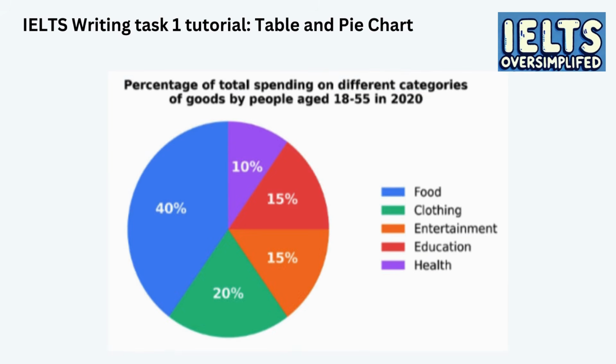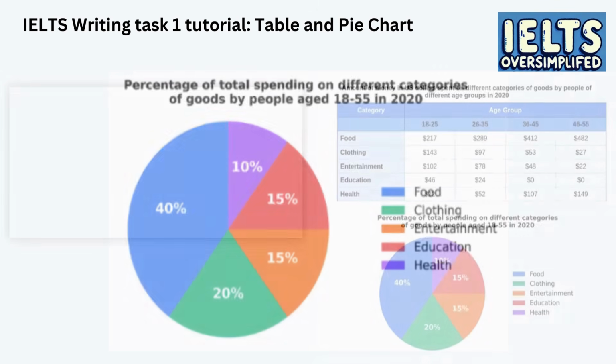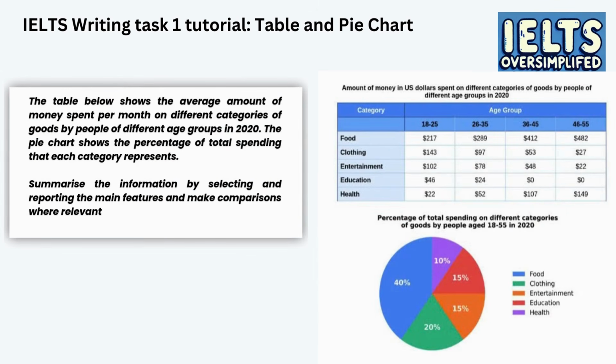The pie chart tells us that food is 40% of overall spending, clothing is 20%, entertainment and education are both 15%, and health is 10%. Okay, got it? Both of these charts are telling us how much money people spend on certain things, organized in the table by age groups and in the pie chart by overall spending percentage.